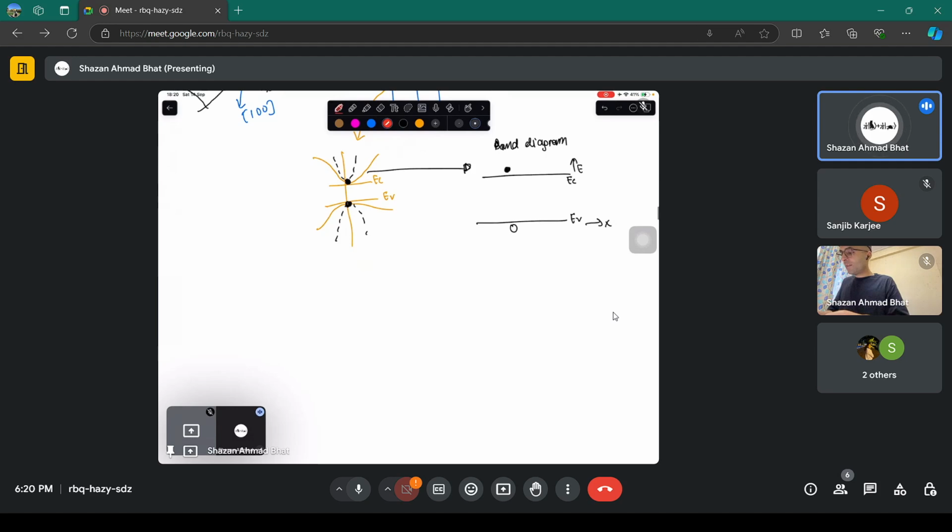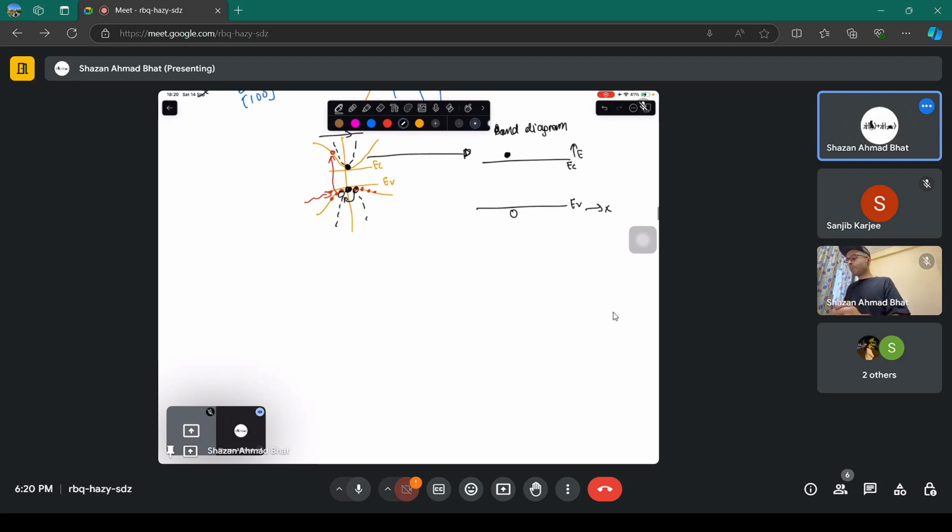Whenever conduction takes place, these are the occupied states. Whenever the electron goes from this state to this state, a vacancy is created. This electron goes here, the vacancy moves here, and it keeps on propagating by the application of the electric field. Just clear this concept in your mind. That's why we use the notion of hole propagation in the valence band and electron propagation in the conduction band.